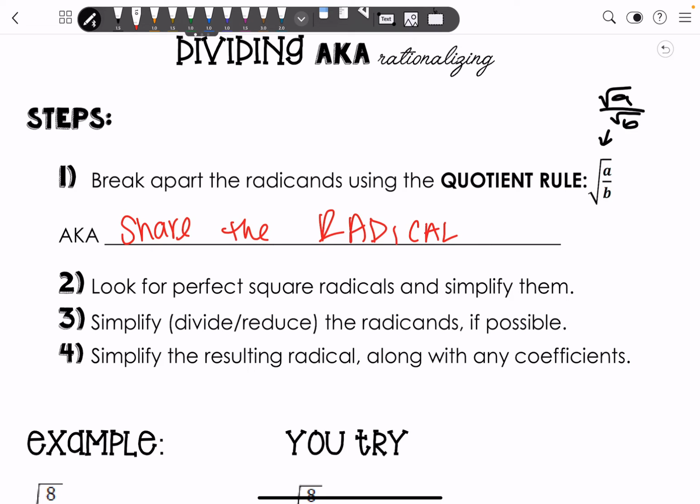So we're going to share the radical love. I want you to look for perfect squares and simplify those first. Okay, it's easy, right? Simplify any radicands if possible. And then simplify again along with any coefficients.